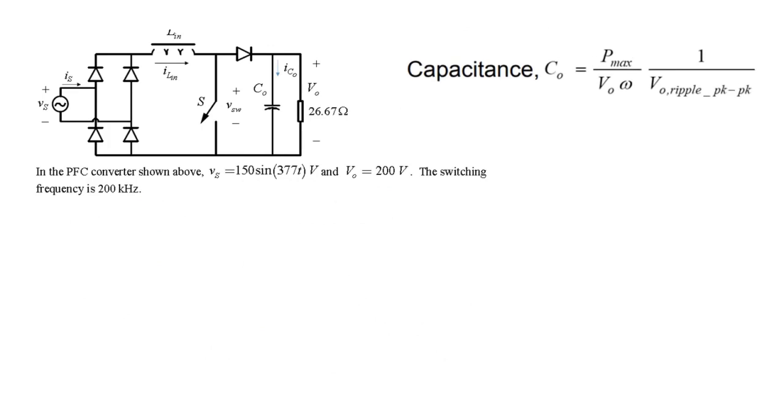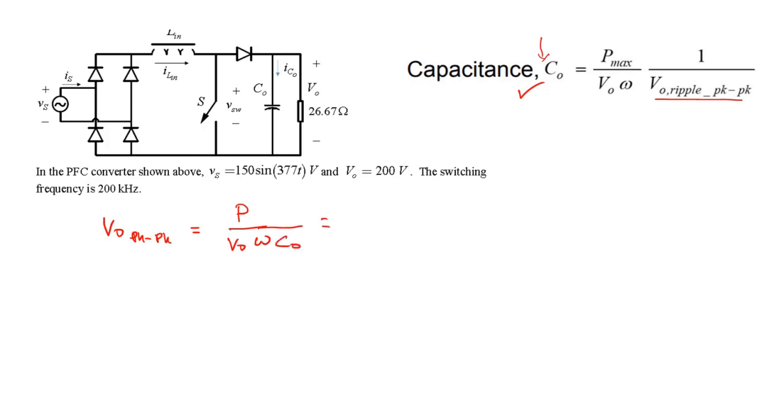If you look at your notes, the formula for designing the output capacitor to limit the output voltage to a certain peak-to-peak value was this, and here we are given C0 and we need to calculate the VO ripple peak-to-peak. So VO peak-to-peak from that expression would be the output power P, divided by the output voltage, omega, and then the C0.